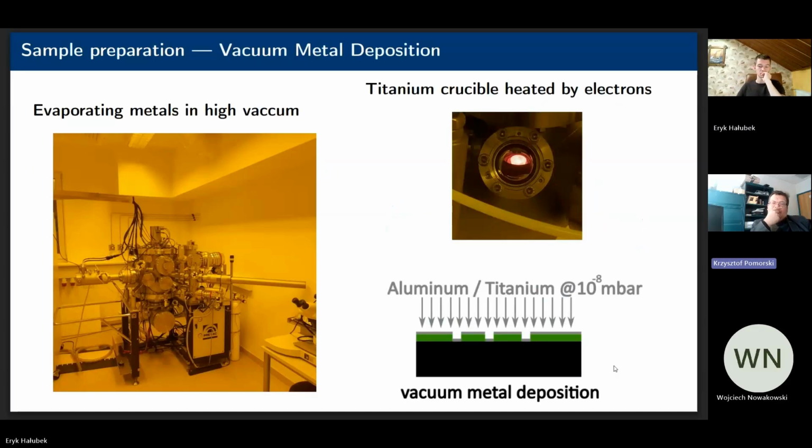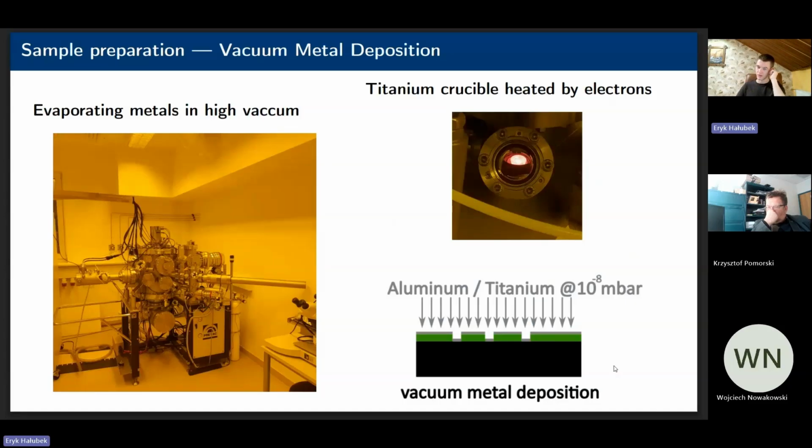So this evaporation of metals in high vacuum, how long does this process take, in hours or minutes? It depends on the rate that you are using, because you can evaporate at a very low rate, like 0.2 angstroms per second.